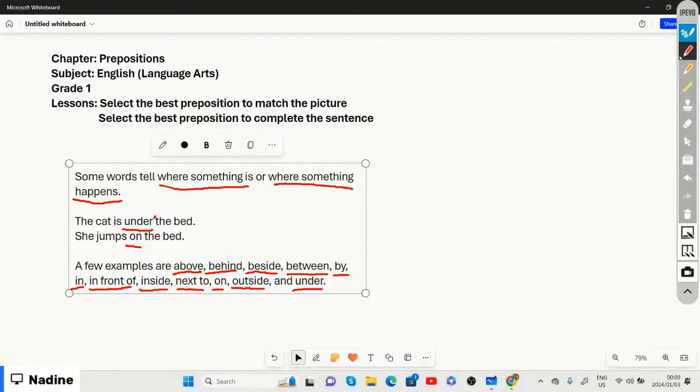So the word on is our preposition because it tells us either where something is or where something happens. All right, so that is basically a few examples of prepositions.